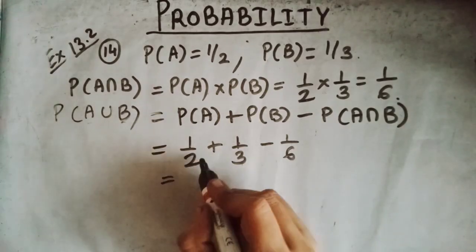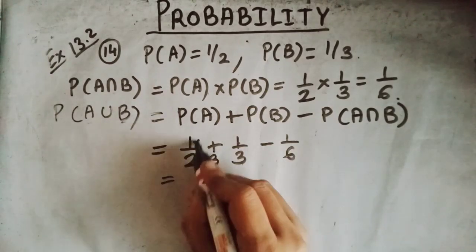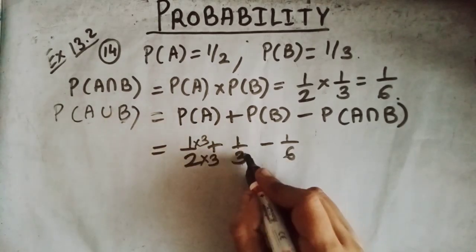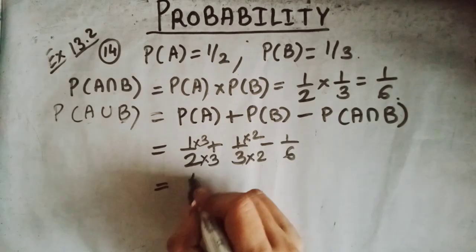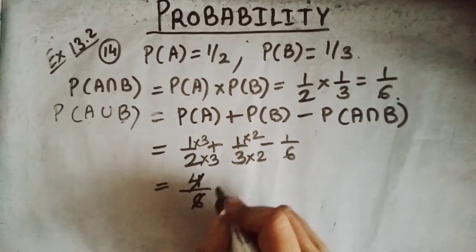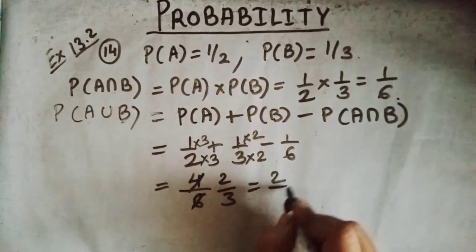Okay, so this will be, making all the denominators same, 4 by 6, so it is 2 by 3.